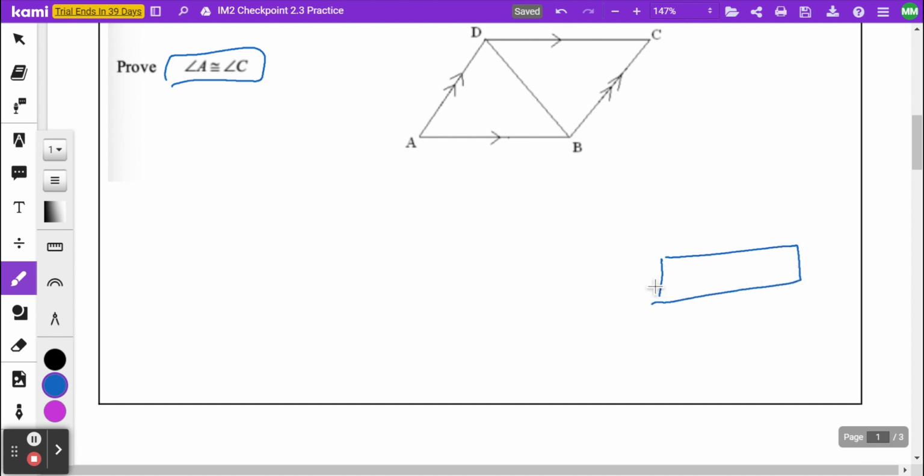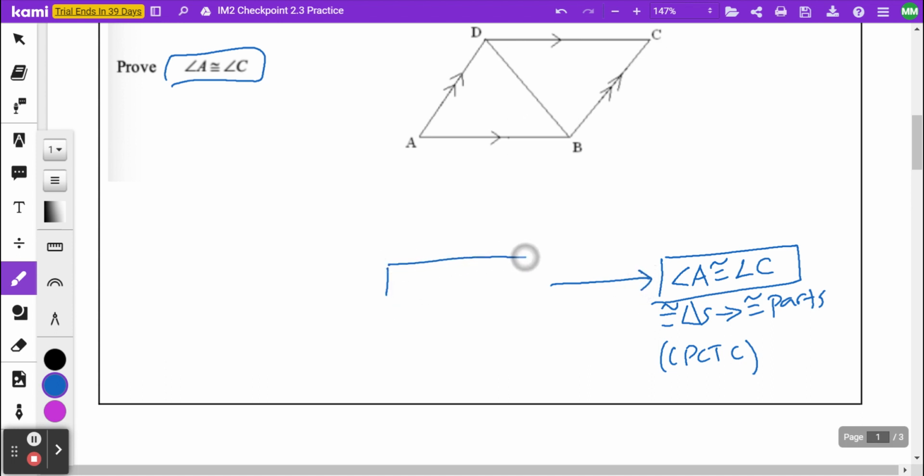So I'm going to end with the fact that angle A is congruent to angle C, and I'm going to use congruent triangles imply congruent parts, or if you prefer, CPCTC. Corresponding parts of congruent triangles are congruent. That's what it stands for. Okay. So in order to use CPCTC, we have to prove that triangles are congruent.